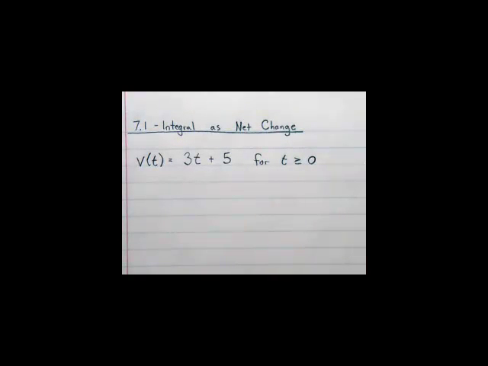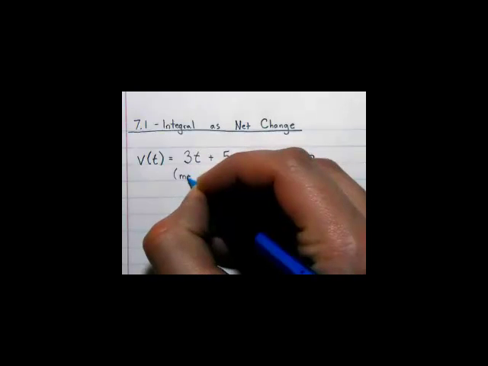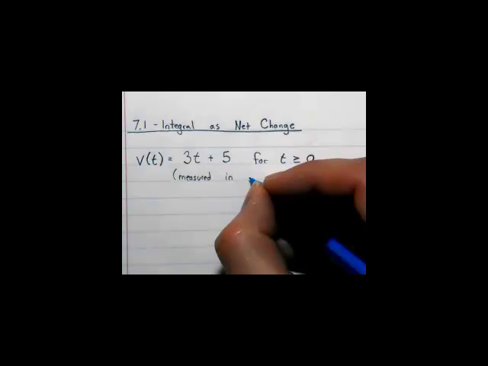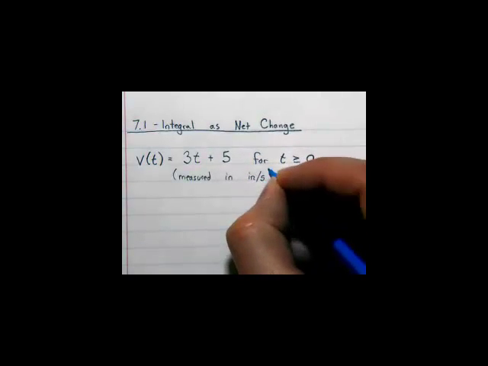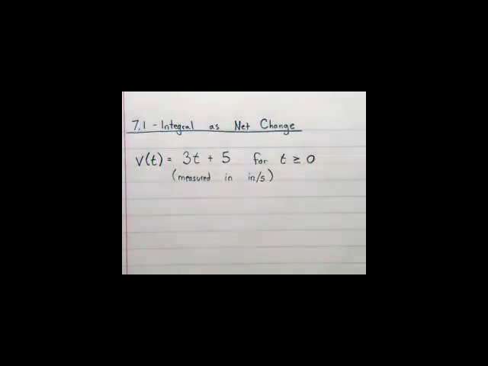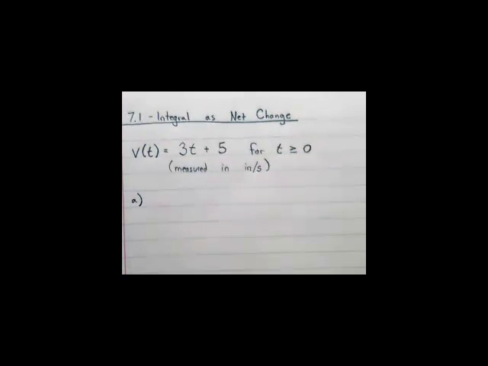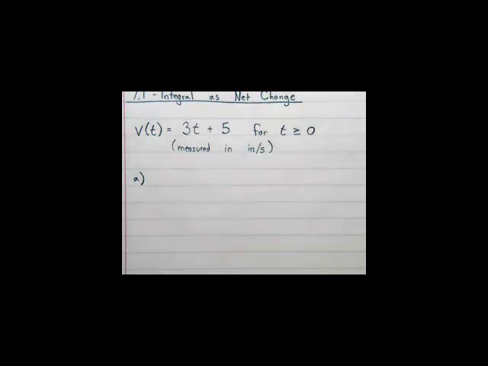And let's say this is measured in inches per second. All right, this will start to look a little bit like that other constructed response question from your exam that we did.